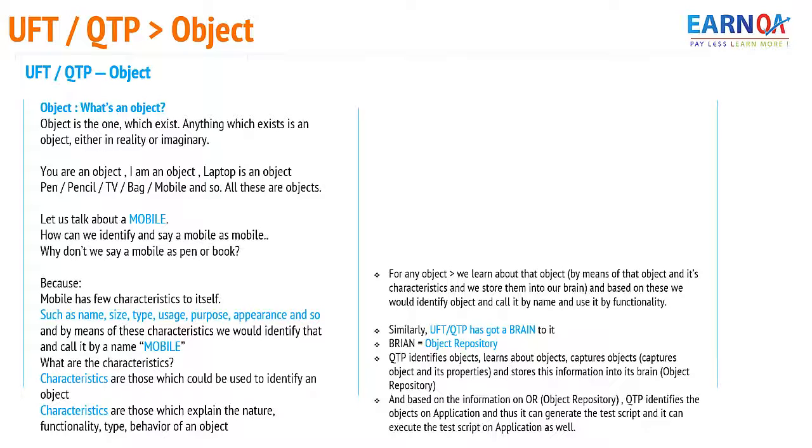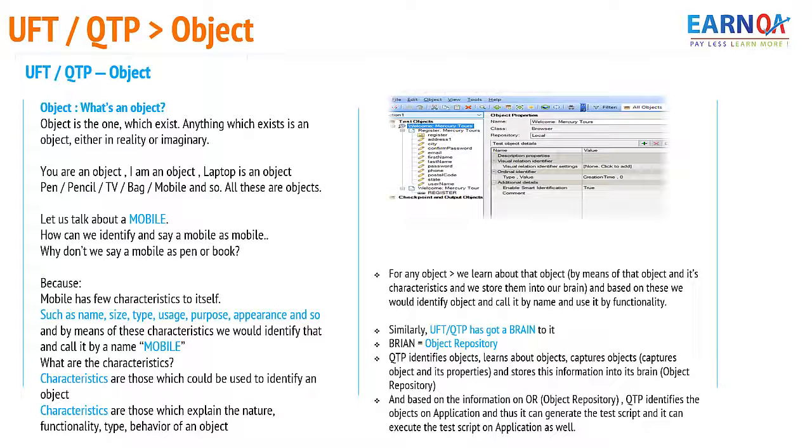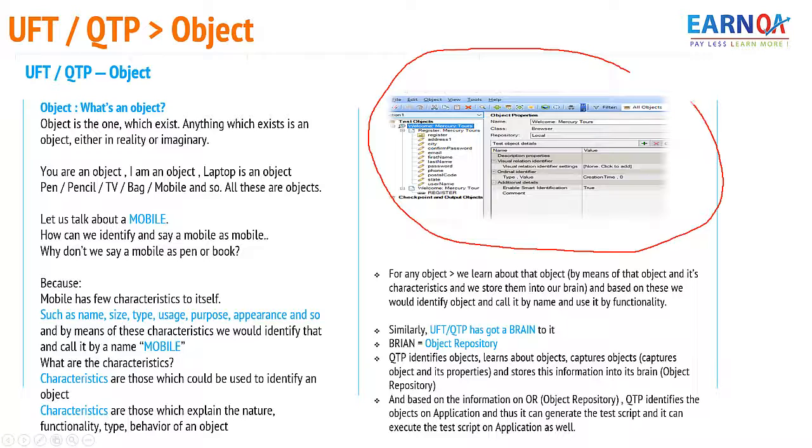It identifies, captures, and stores the objects and object information in terms of their properties, logical names and physical descriptions. If you look at this slide, that is the object repository of QTP, where it identifies it's a browser, it's a page, and within the page it's a link, it's an image, it's a button.